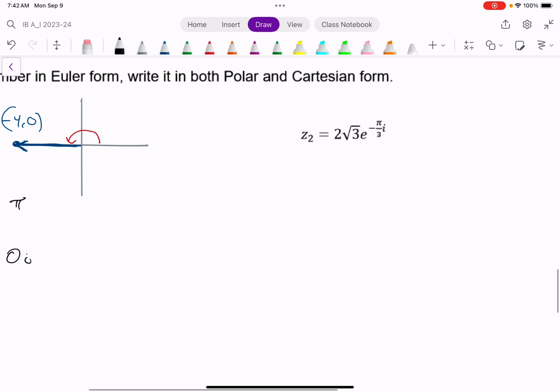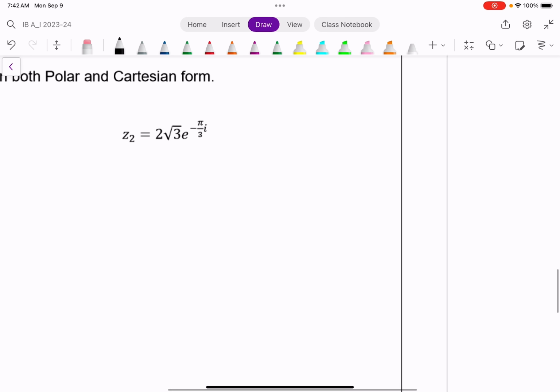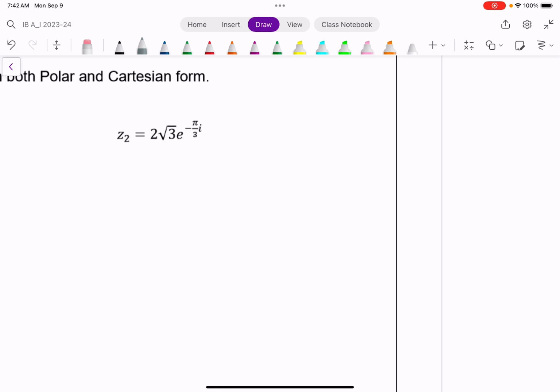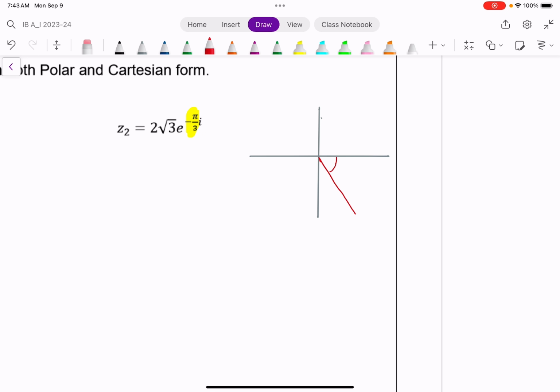And for this, same idea, I will visualize this, whether or not I need to do it or not. And I will always recommend, like I said, we visualize these as soon as you're dealing with a complex number. The argument is negative pi over 3, which is negative 60 degrees. So roughly like this.